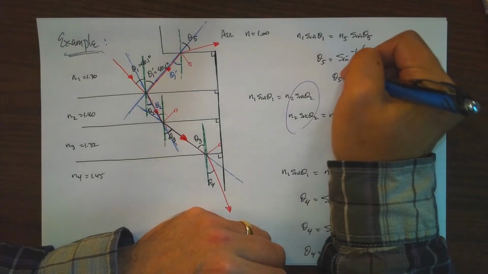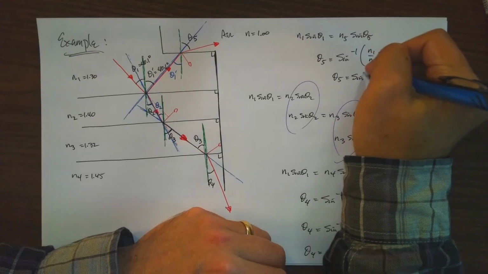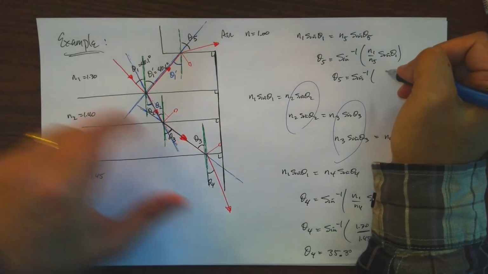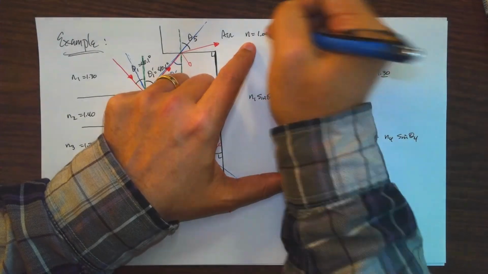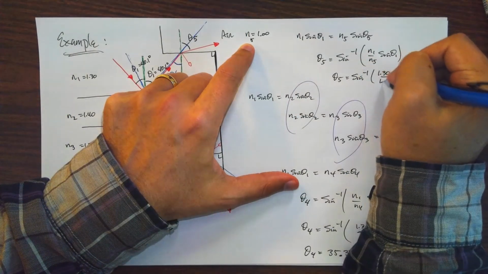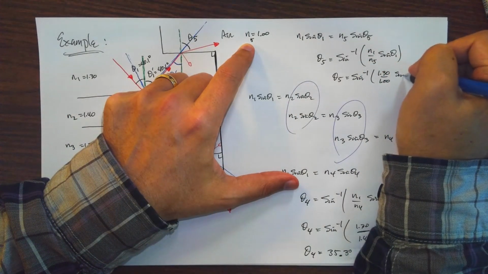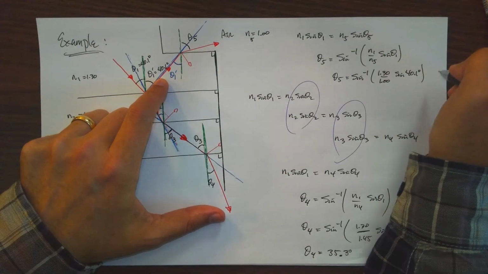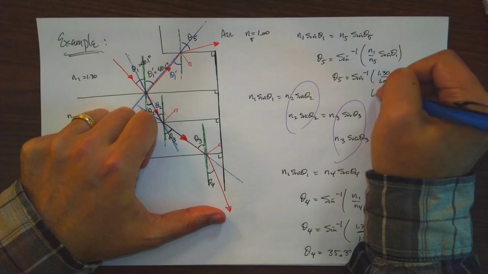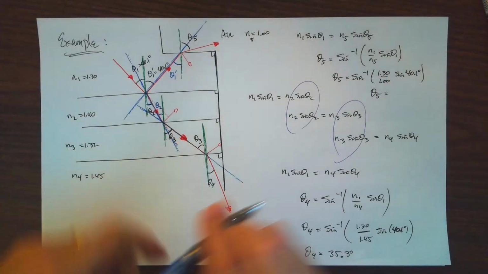And so theta 5 is our inverse sine of n1 was 1.3. n5, which is the air, was just 1. Sine of, and this was 40.1 degrees. And so what do we get for theta 5?